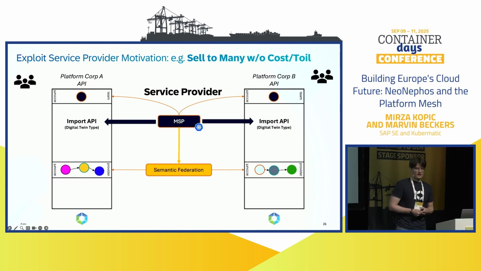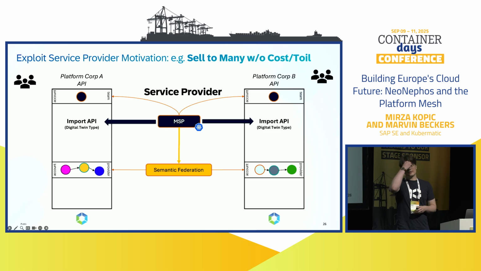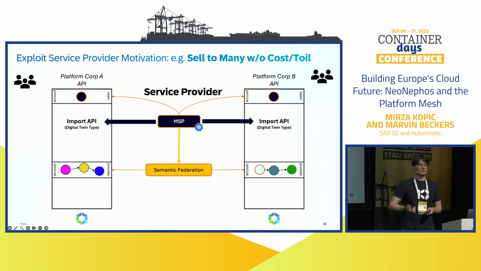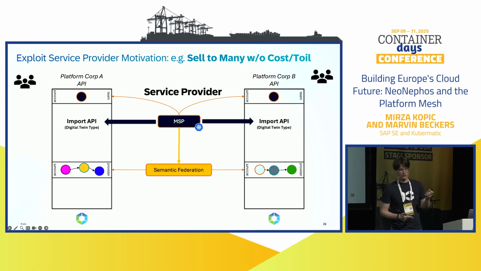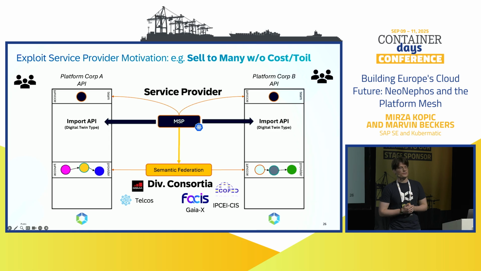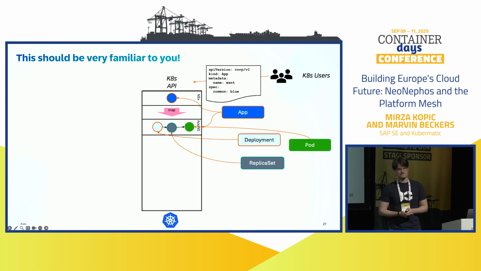This allows you to have a semantic federation: you're speaking the same language, so suddenly you understand each other, and you can, as we talked about earlier, establish standards with each other. We have a couple of partners in the ecosystem in the project that we are trying to work with to establish these kinds of standards.